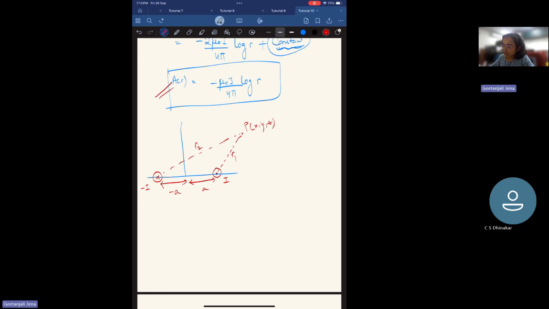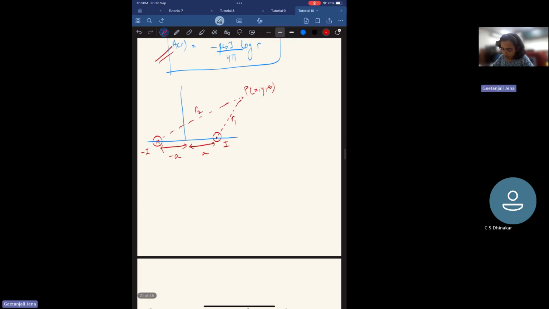So A will be the superposition of the vector potential due to the first wire and the vector potential due to the second wire. For the first wire, this will be minus mu naught I by 4 pi log R1, right?